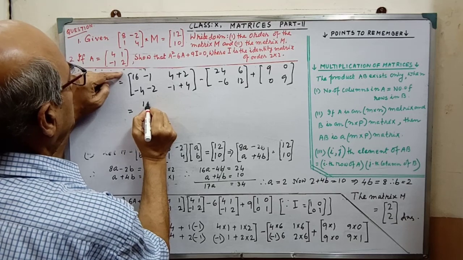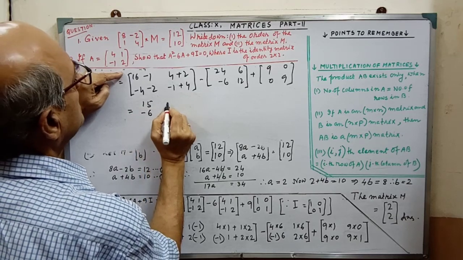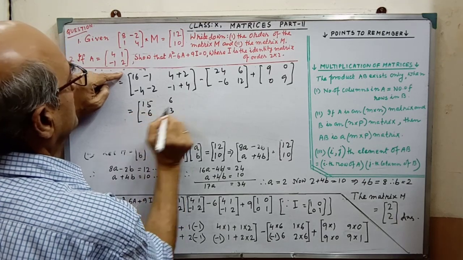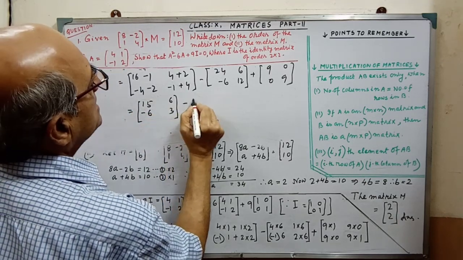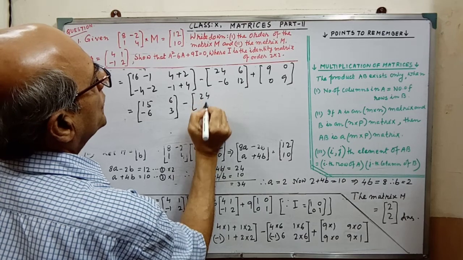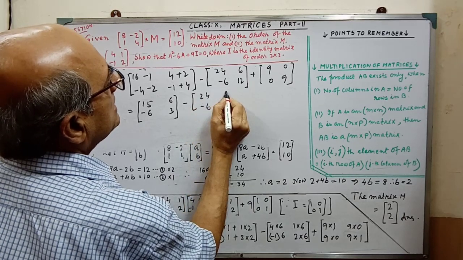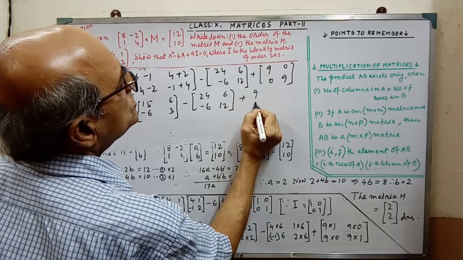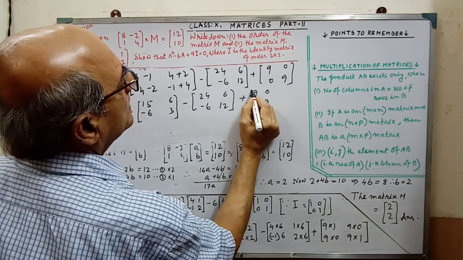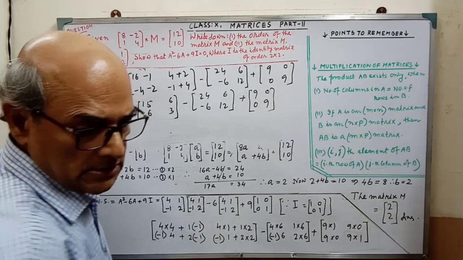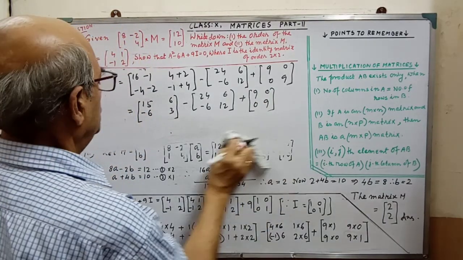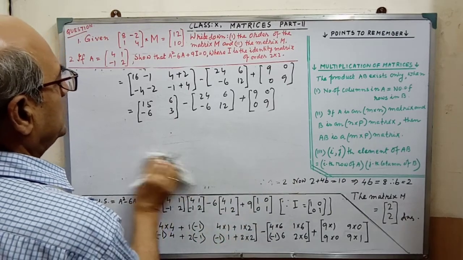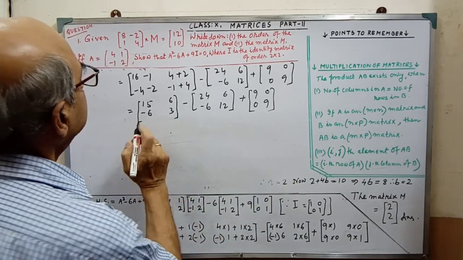See, 15 minus 6, 6 3, minus 24 minus 6, 6 12, plus 9 0 0 9. Very simple. Now we have to simplify more to get the right side of this sum.